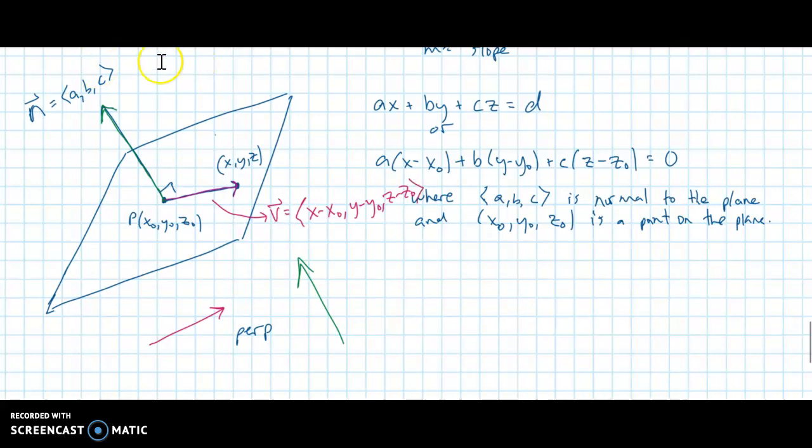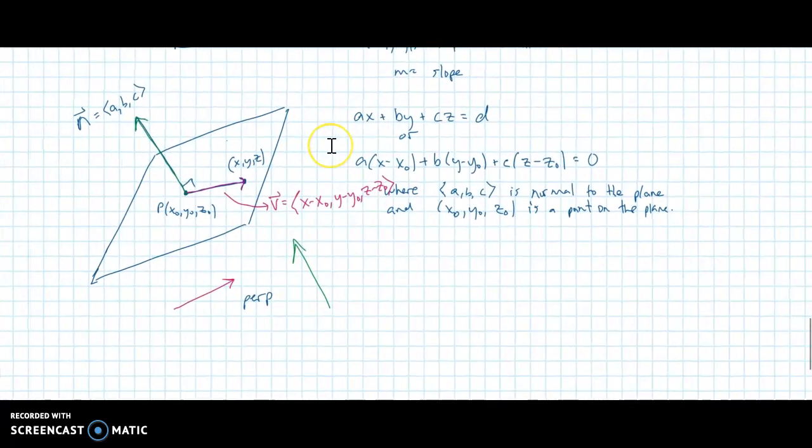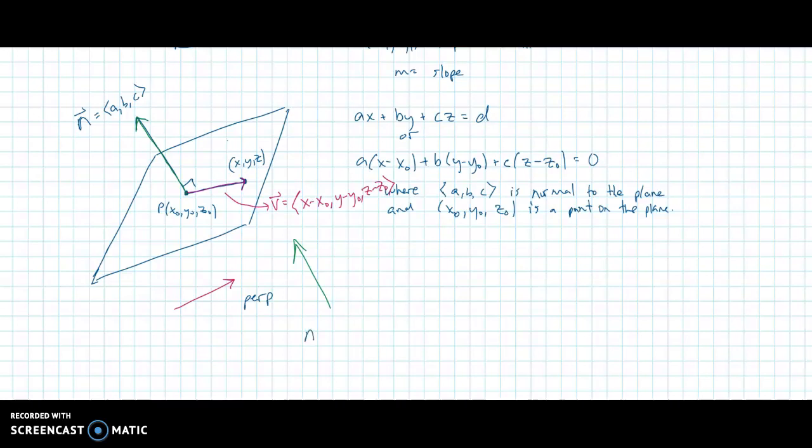Okay, so I got to zoom out. I have two vectors. n equals normal to the plane, and that n vector is a comma b comma c, and I'll show you how we'll figure that out later.